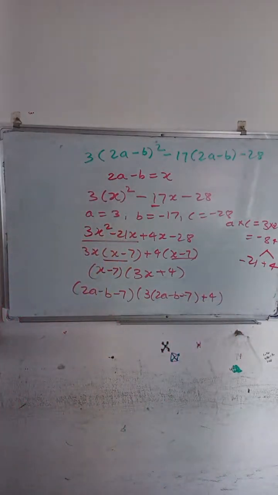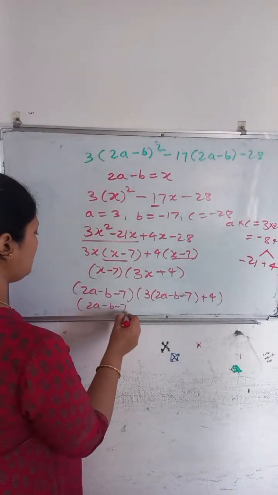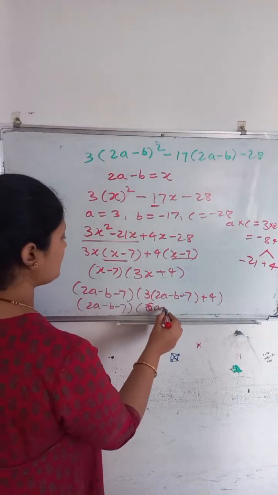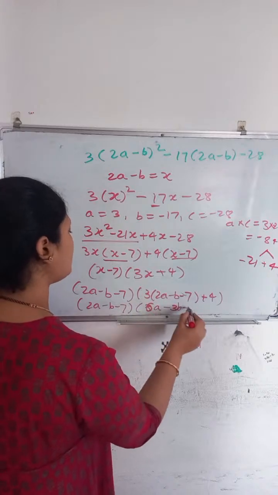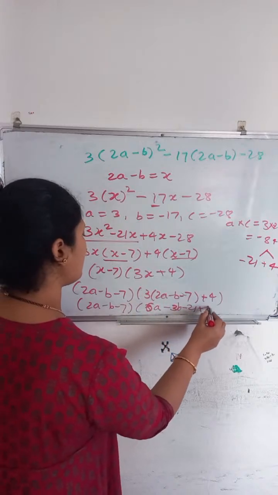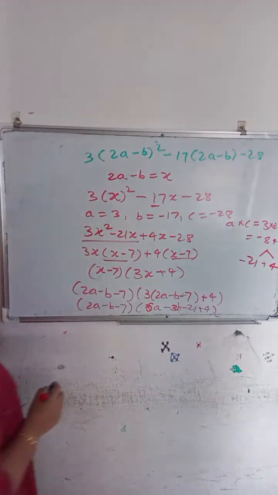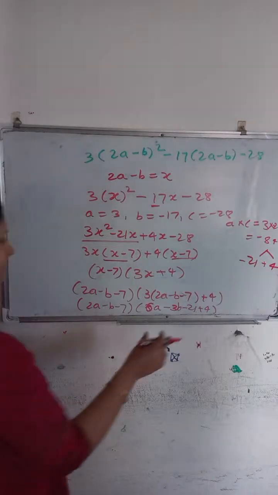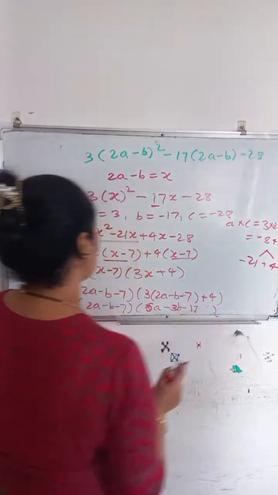That's it. These are the factors. And still if you want to expand further, you can multiply this 3 inside this bracket: 6a − 3b − 21 + 4. Minus 21 plus 4 is minus 17, so you can write minus 17 here also.